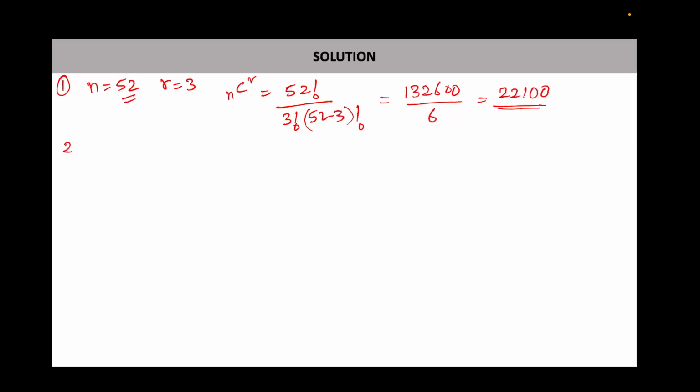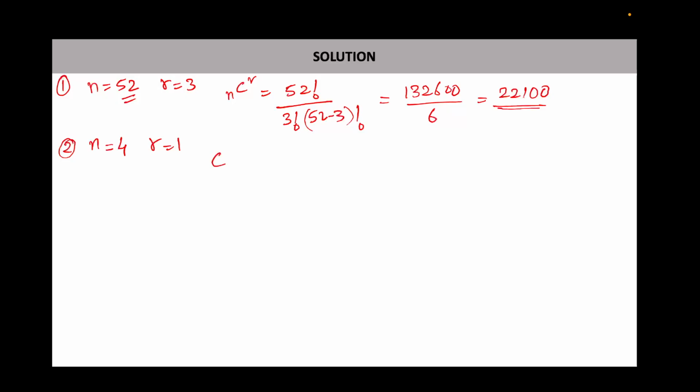This is very simple. Here in this case, your n will be 4 because there are four kings in a deck of cards, and the question is saying that our r value here will be 1 because you're picking one card out of the four kings present in a deck of 52 cards.